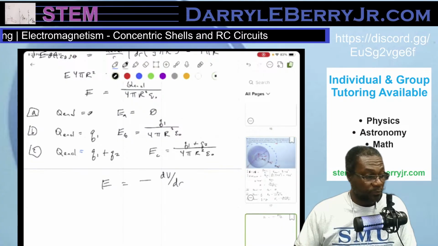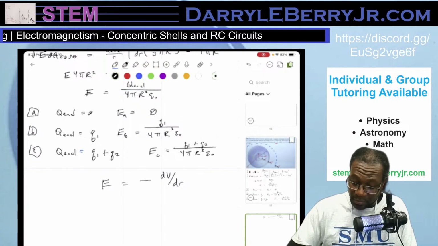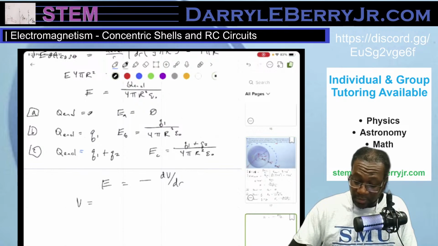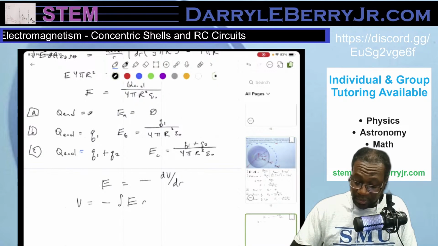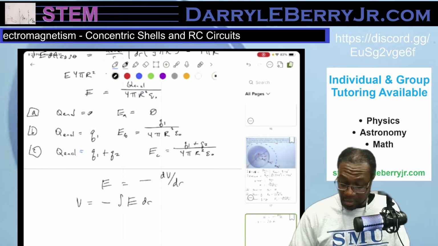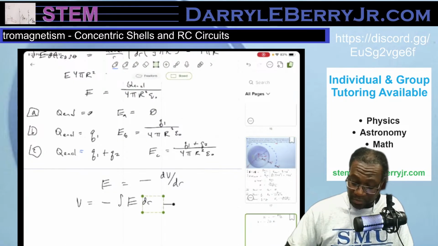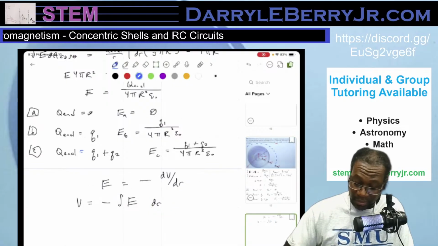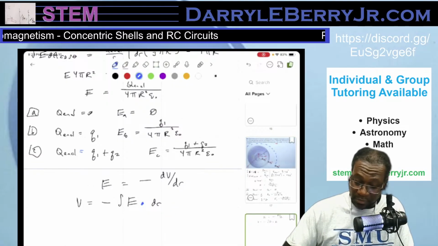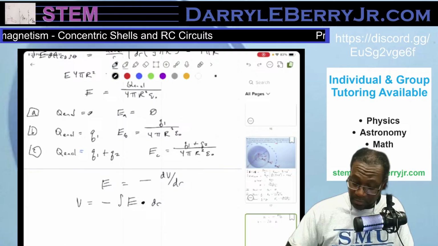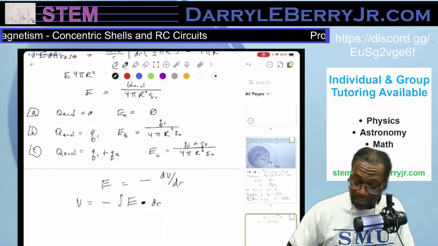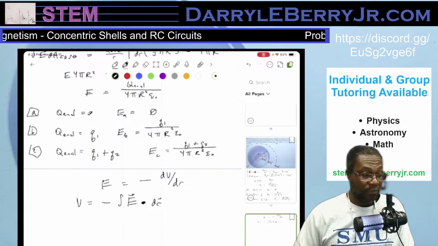So we can say that the potential is the negative integral of E with respect to r. And generally the electric field is a vector, so we have a vector on each one.